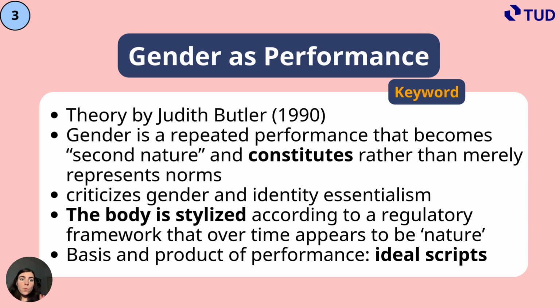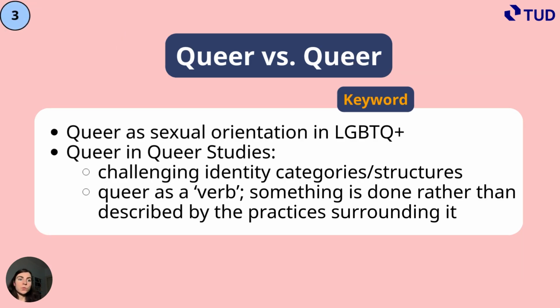One very important concept. Another very important concept is queer versus queer. Queer, on one hand, as a sexual orientation in the LGBTQ community, would be one meaning. The other meaning is queer in the sense of queer studies. This is actually quite radical because it challenges any kind of existing identity category and structures.